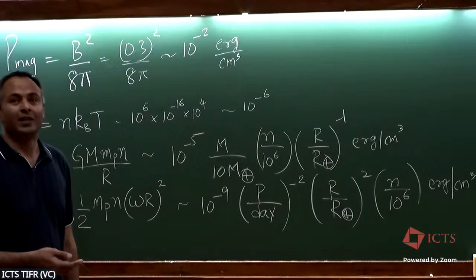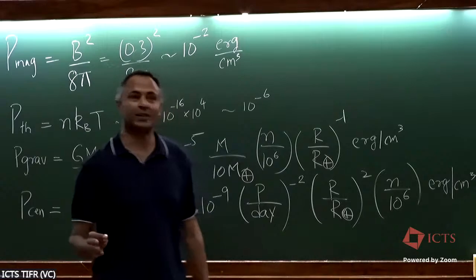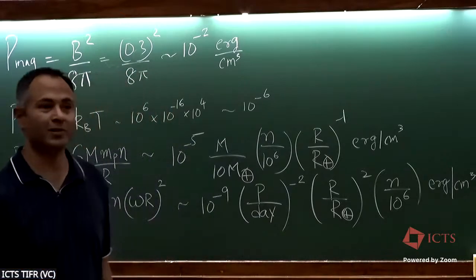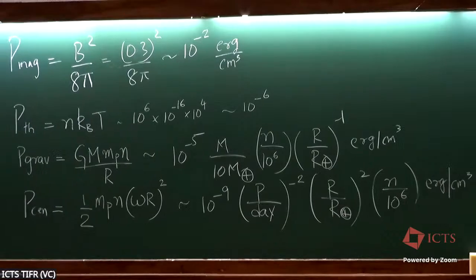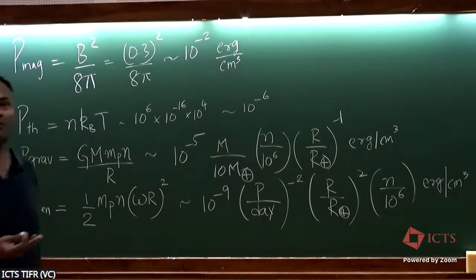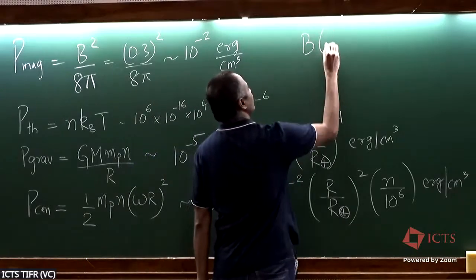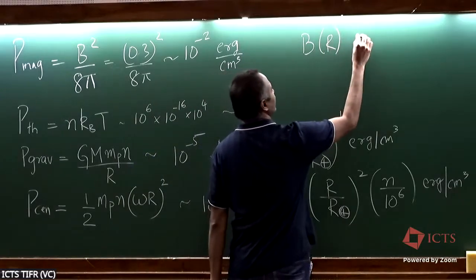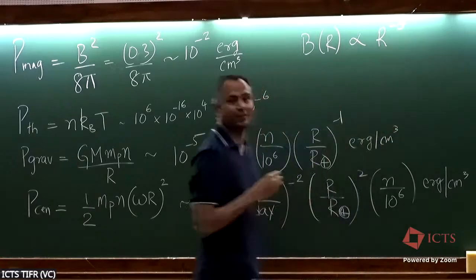Now, the magnetic field is to first approximation a dipole. And that's a very good approximation for most planets, and we expect it to be the same for exoplanets also. An essential property of a dipole is that the magnetic field, as a function of radial distance r, is going to be proportional to r to the -3.